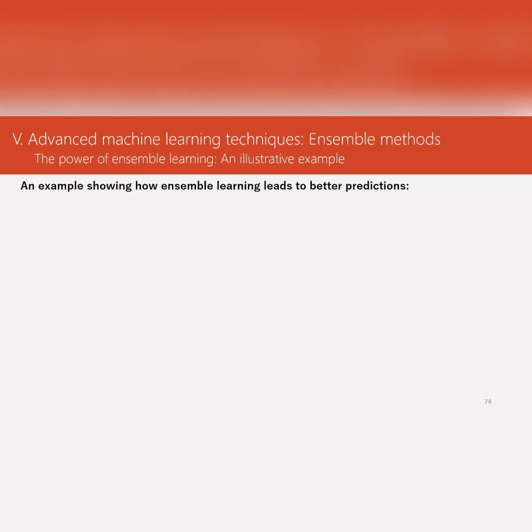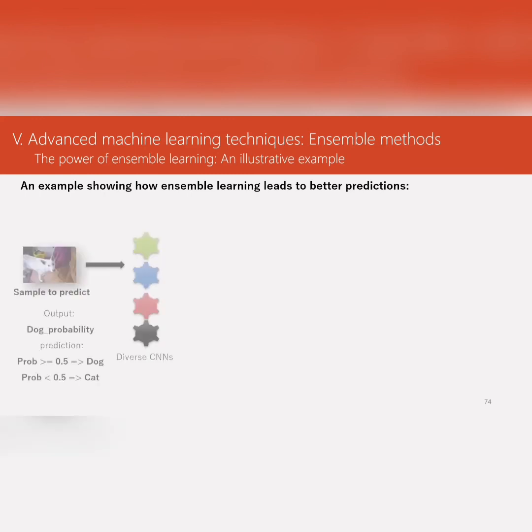I just want to show you an example to understand how ensemble learning improves the final prediction. So suppose that we want to classify this input image as a cat or a dog. The final output represents the probability of belonging to the class dog. So this is binary classification. So if it is higher than 0.5, then it is a dog.